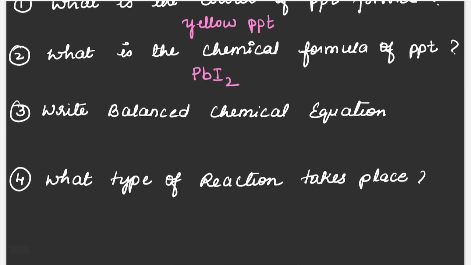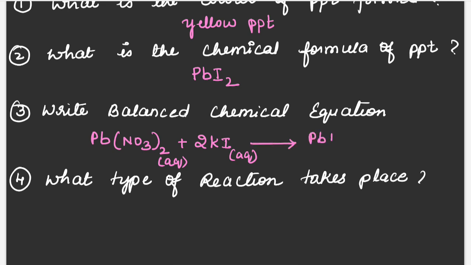Next, write the balanced chemical equation. The balanced chemical equation can be written as follows. First we take aqueous lead nitrate, Pb(NO3)2, plus you treat it with potassium iodide, KI. Both should be aqueous, (aq) and (aq). You get the product lead iodide, PbI2.